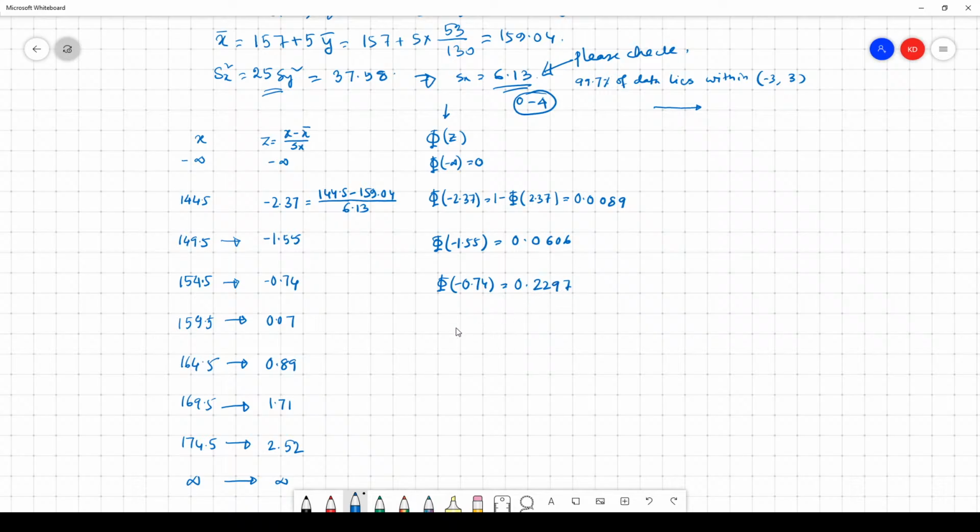Then 0.2297, for 0.07 it is 0.5279, for 0.89 it is 0.8133, for 1.71 it is 0.9564, for 2.52 it is 0.9941, and phi of infinity should be 1.